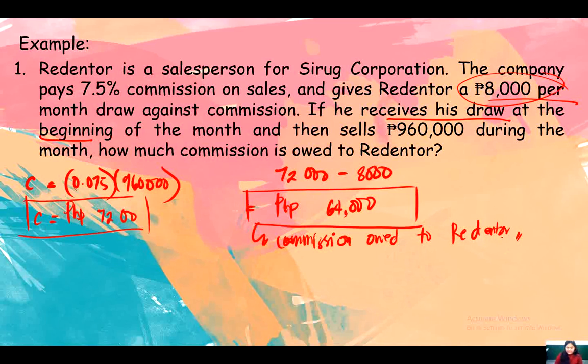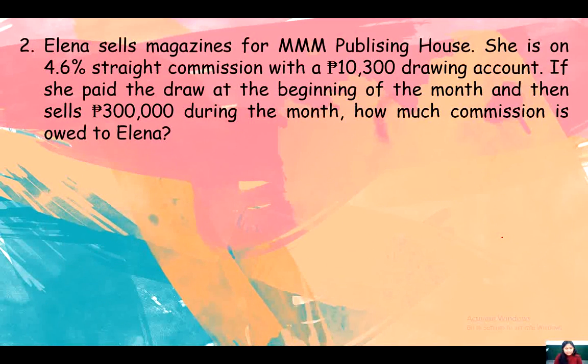Okay po? Next. Okay. Elena sells magazines for MM Publishing House. She is on 4.6% straight commission with a 10,300 drawing account. If she paid the draw, take note, if she paid the draw at the beginning of the month and then sells 300,000 during the month, how much commission is owed to Elena?